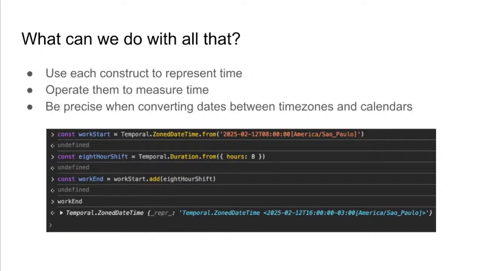And by adding the duration to the first workStart exact time representation, I will have an exact time representation for when the work ends. So that's pretty powerful. No more adding 8 or magical numbers of some sort.